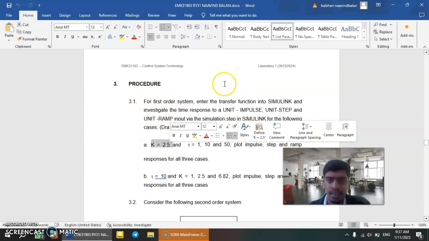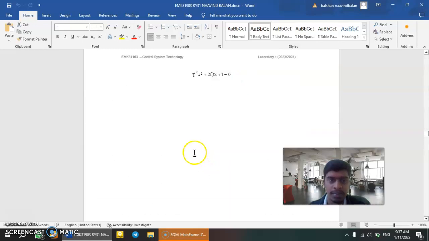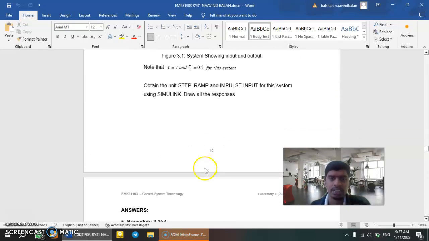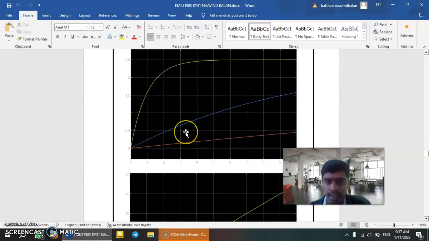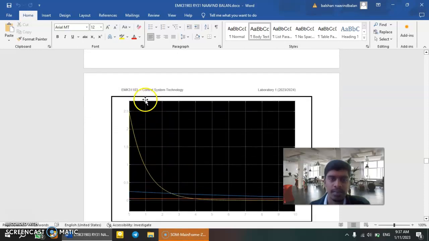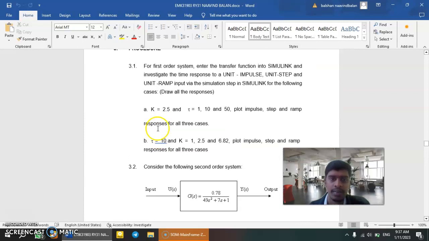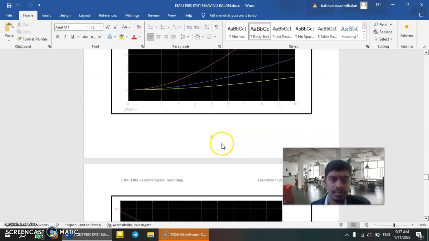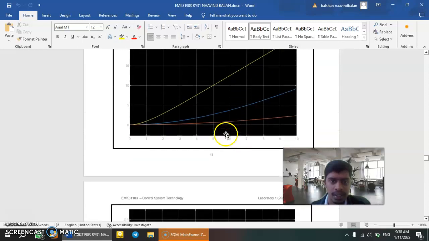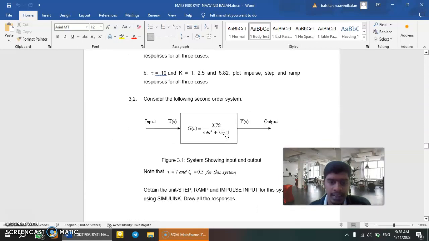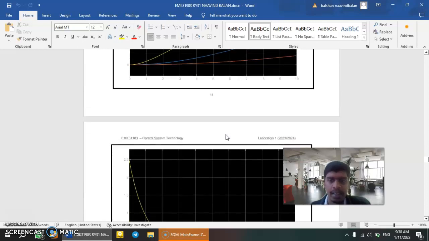For the K value on the upper side and the tau on the bottom, as shown in the formula, just insert the value so we can see the actual value plus the damping value and the overall value for the two questions. It is the same here, but we only change the value of the tau and the K. This is the output result for the 1a step, which shows step, ramp, and impulse response.